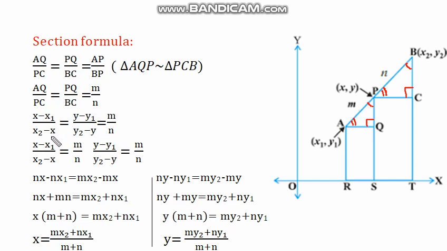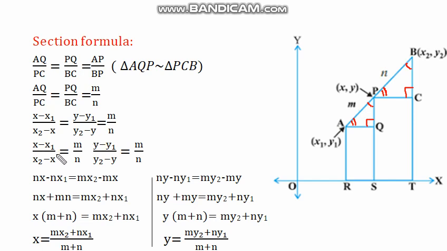Next, we need to equate: x minus x1 divided by x2 minus x equal to m divided by n. Why are we equating here? Because their ratios are equal.